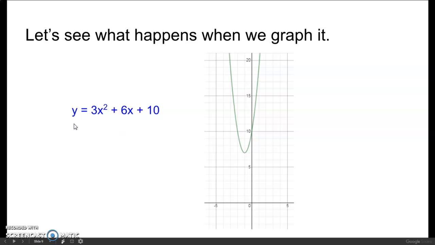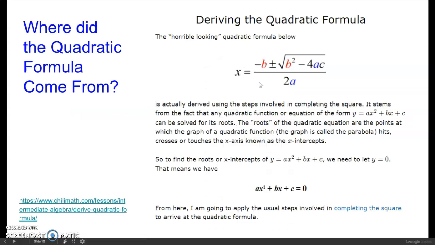So since there's no solution if y equals 0, that means it has no x-intercepts, or what we would say is no roots. So basically if that ever happens, you just know the line is either above the x-axis if it's upward facing, or it's below the x-axis if it's downward facing. It has no x-intercepts.